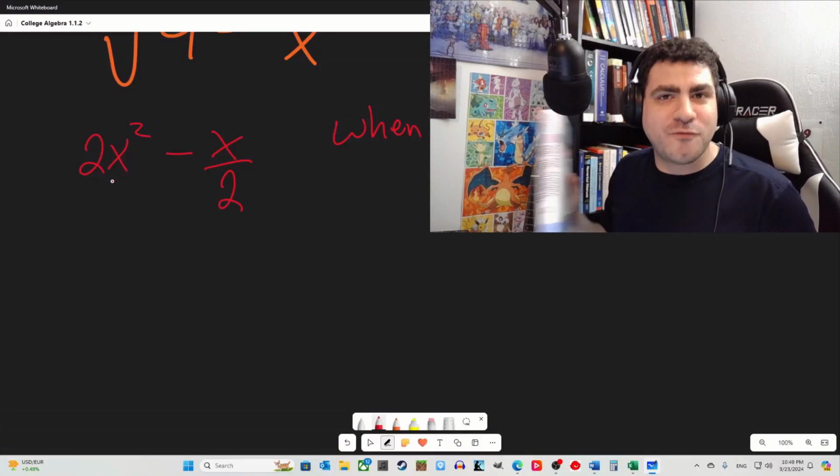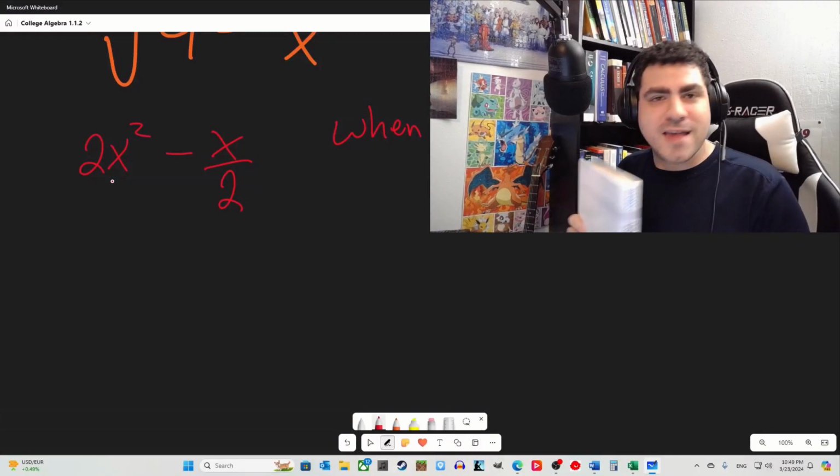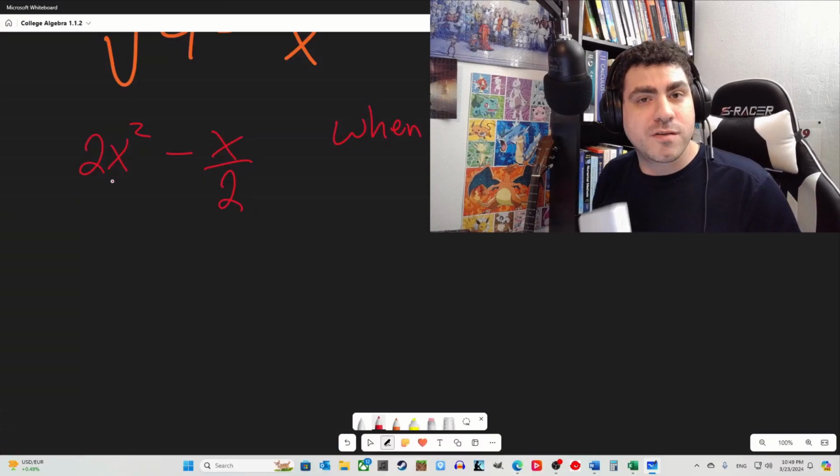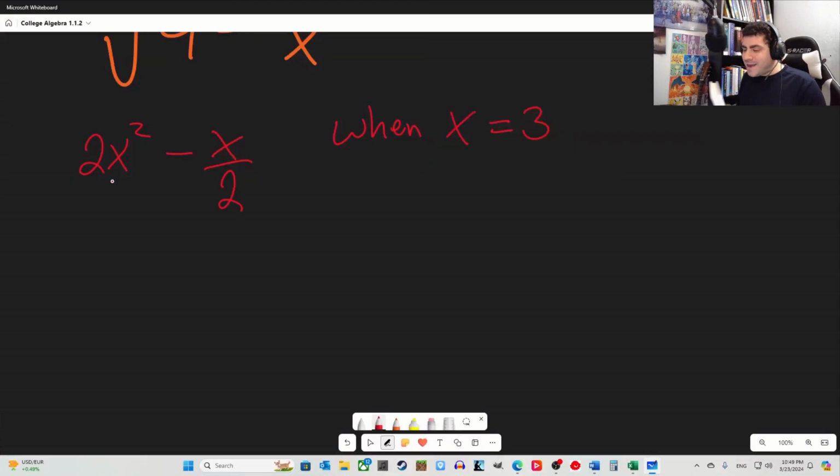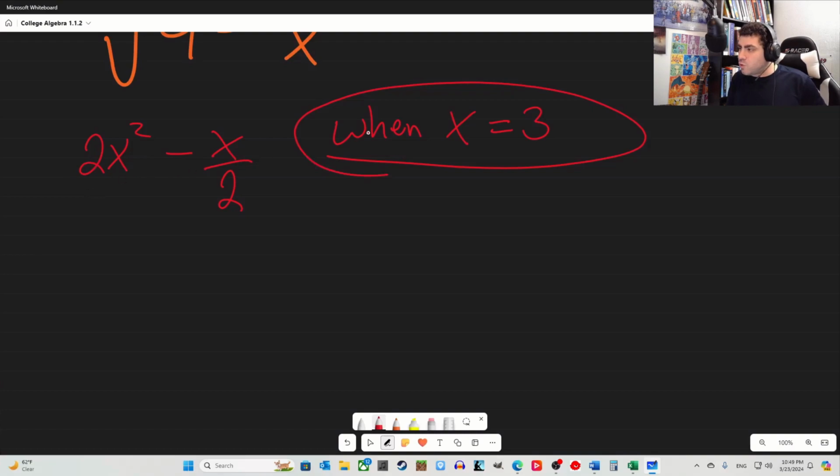It doesn't use the word variables. It says the word unknowns. So it's kind of cool. I like how you can think of these variables as unknowns because it's a number we don't know what it is until this number is clarified or given to us, such as what does this equal when x equals 3? So that kind of helps us a lot. Let me put this back in the spot where it's supposed to go.